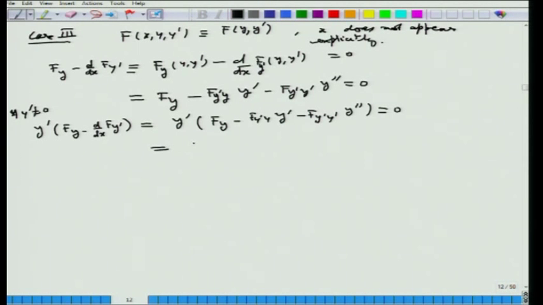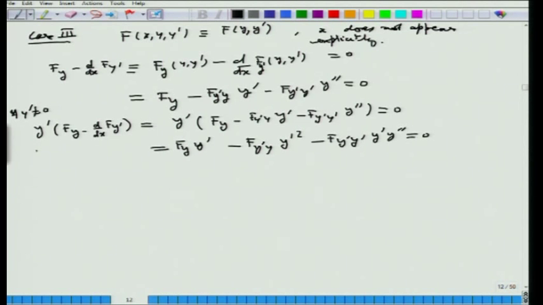So, writing in expanded form, you have y' f_y minus f_y'y y' square minus f_y'y' y' y double prime equal to 0. So let us write this also in the same order.